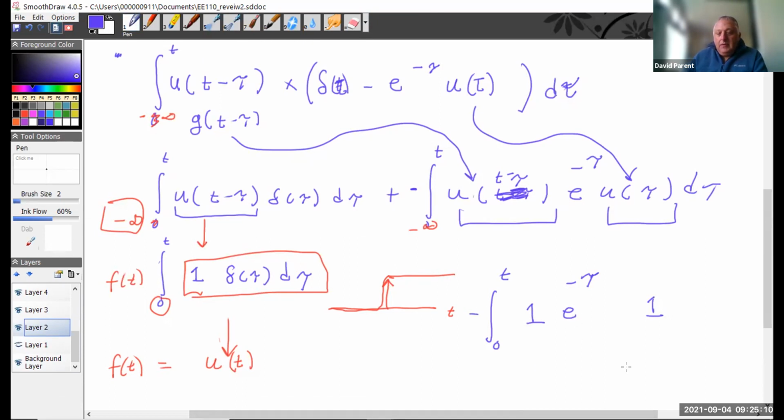Anyway, this becomes e to the tau, from 0 to t. Let's see, I take the derivative of this and I get minus this, and then minus times a minus will give me a positive.